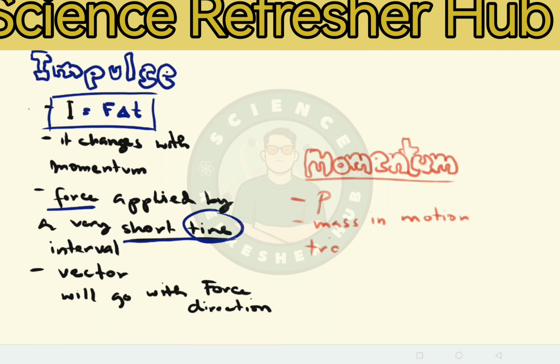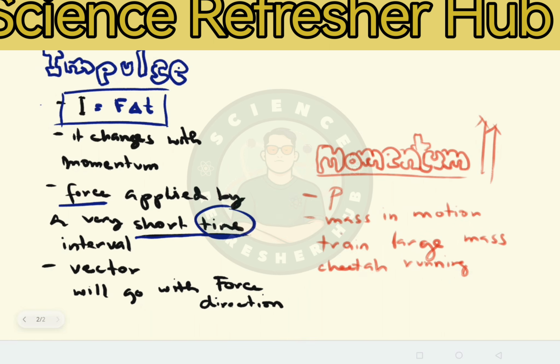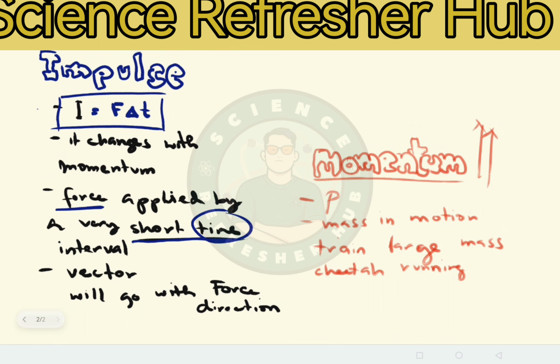For example, a train with a very large mass will be moving with a very large amount of momentum. And a cheetah running at its highest speed, or velocity, will still generate a very high momentum.